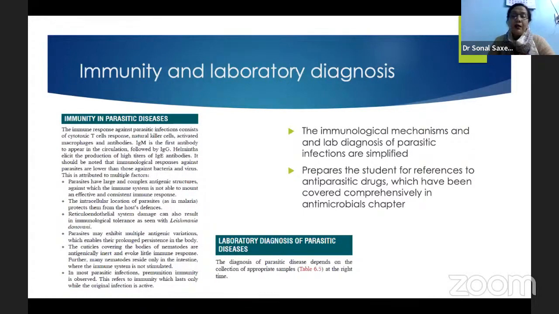And since they already have some knowledge of immunity and what is an antibody and what is IgM and what is a T cell from their biochemistry and physiology, this is not going to give too much of a heavy weight on their conceptualization of immunology in parasitic diseases. And these are extremely simplified, just enough for the student to write their short note.